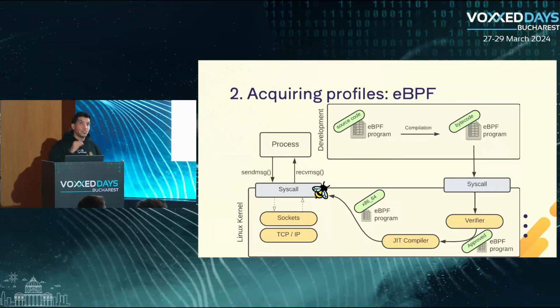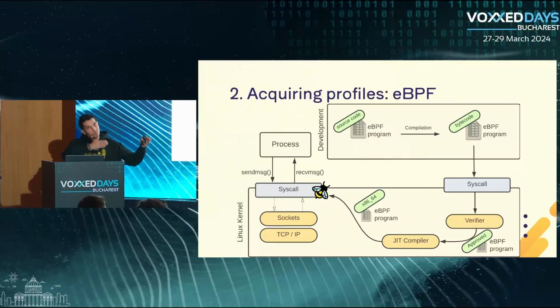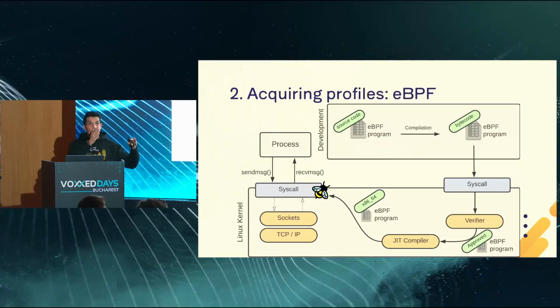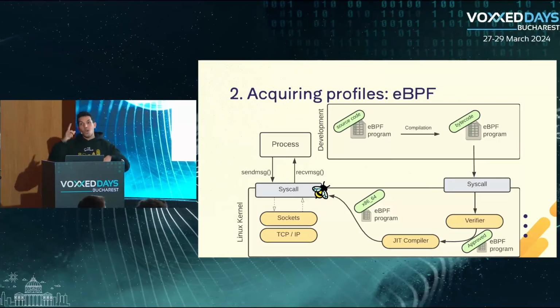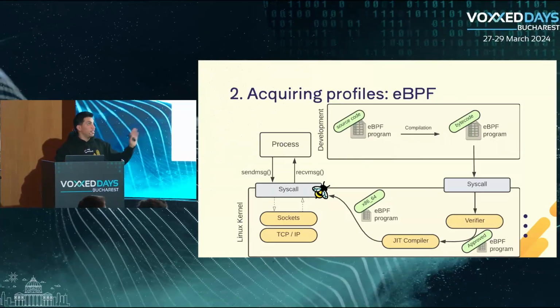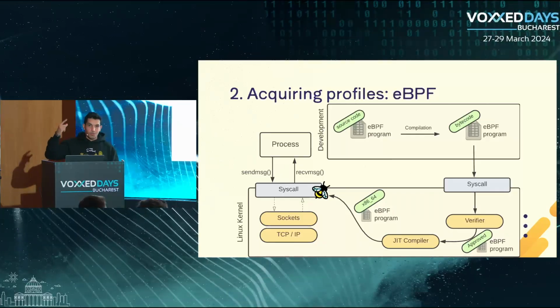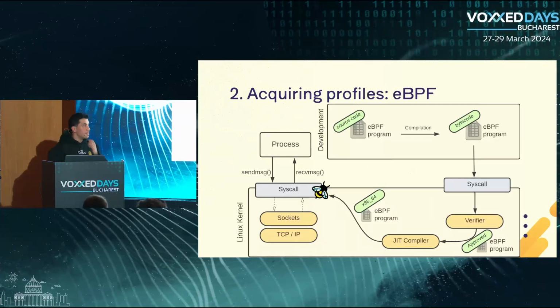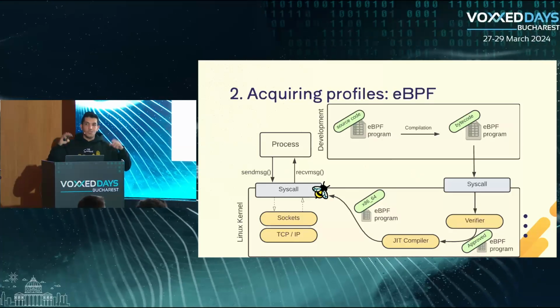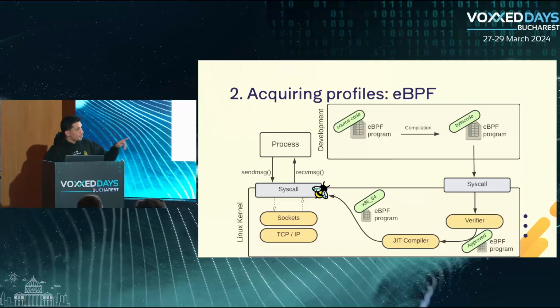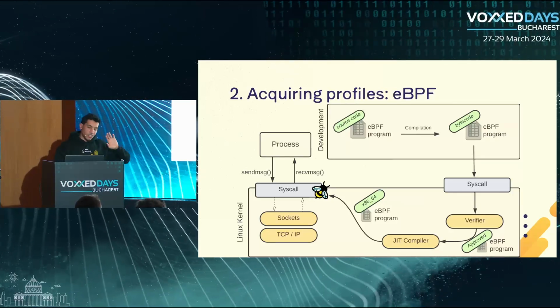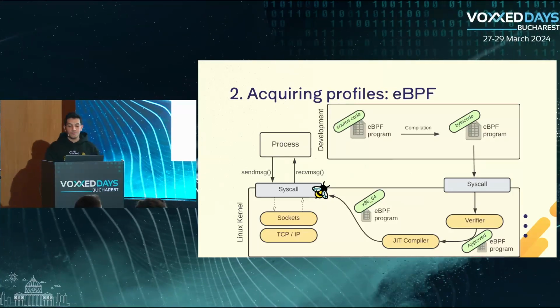The verifier makes sure that every execution path in your program actually reaches an end. So you can't have a while true loop, for example, in your eBPF program, because that would keep running and crash your kernel. Traditional compilers will just ignore it, because they assume you know what you're doing, but because this gets into the kernel, the verifier makes sure that everything is actually safe to run.